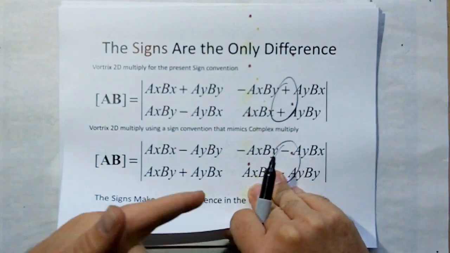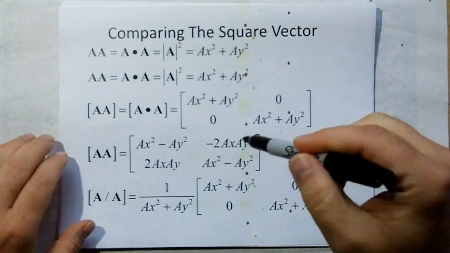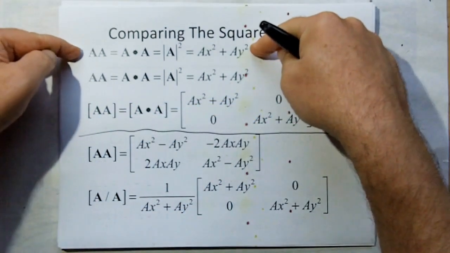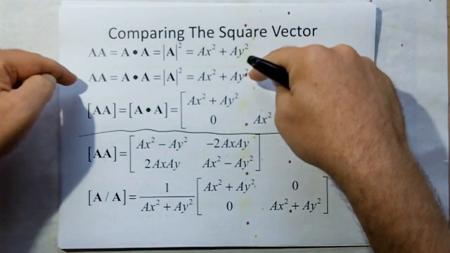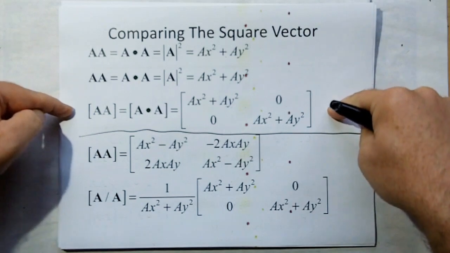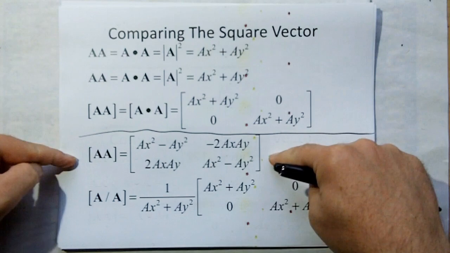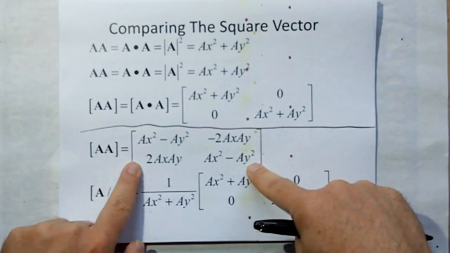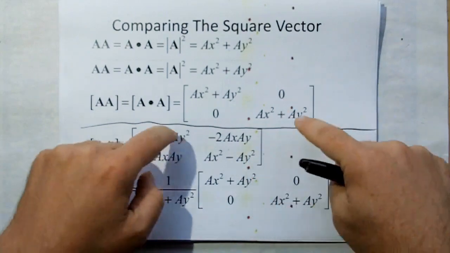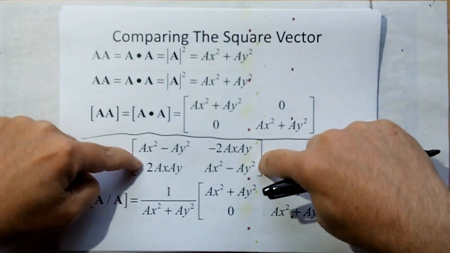Because if we compare these different matrices applied to a square vector, this is what the square vector looks like in legacy algebra, in geometric algebra, and the present solution for Vortrix algebra, and this is what a square vector looks like in complex numbers. And you can see that a square vector in complex numbers is, just by the signs, vastly different. Here it's a simple scalar. Here it's not a scalar. Here it's a vector.